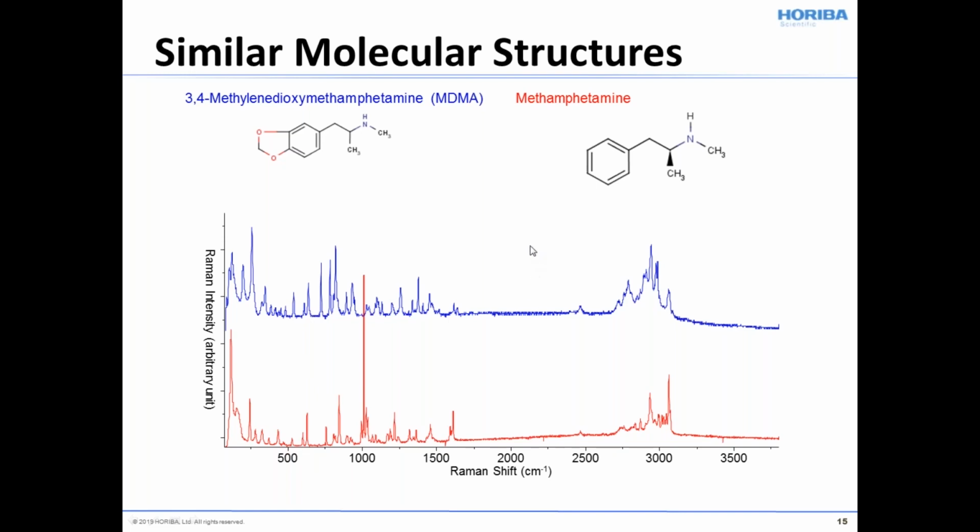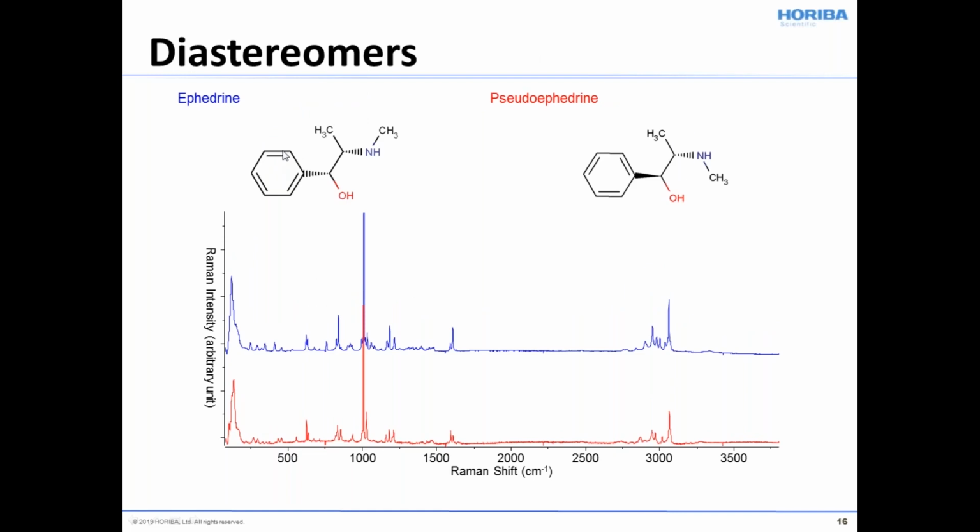So Raman spectroscopy can easily differentiate these two compounds, where the difference in the structure is basically just this chemical moiety over here. You can also differentiate diastereomers.